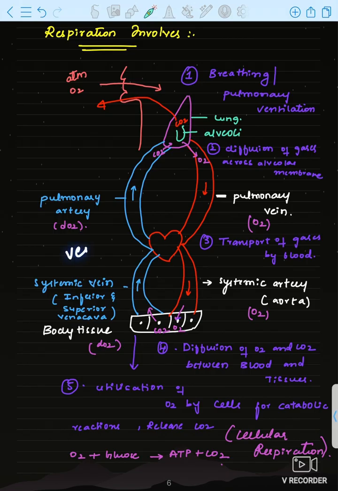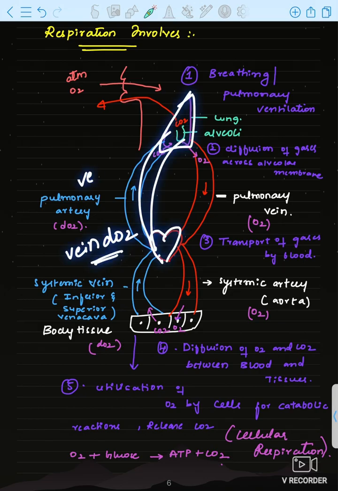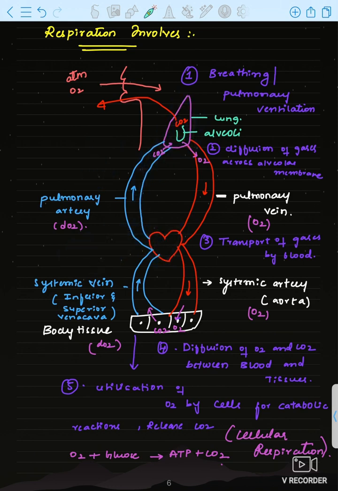Generally veins carry the deoxygenated blood, but the vessel which carries deoxygenated blood from the heart to the lungs, we should not call it a vein, we have to call it the pulmonary artery. Remember, pulmonary means going near the lung, going away from the heart, that is why it is an artery, which carries the deoxygenated blood.